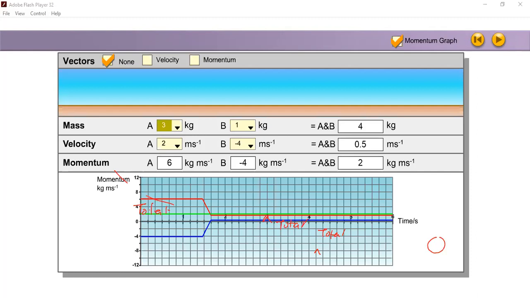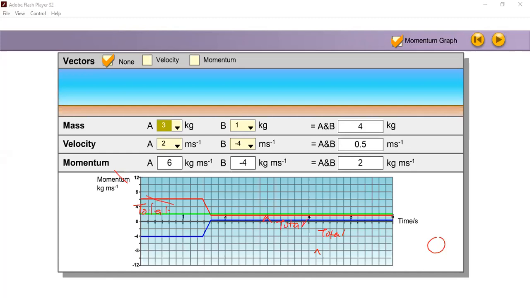So for trolley A, before collision, look at the size of the arrow. The arrow reduced. The arrow shows the momentum. Then B, look at the small arrow after collision, it changes direction, so from negative to positive. So that means the momentum changed, but both of them combined, the total momentum of A and B is conserved.